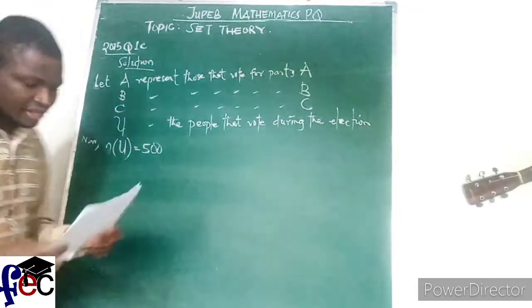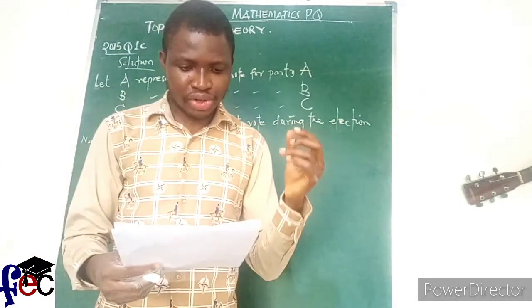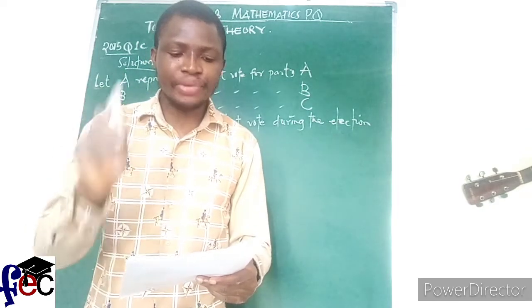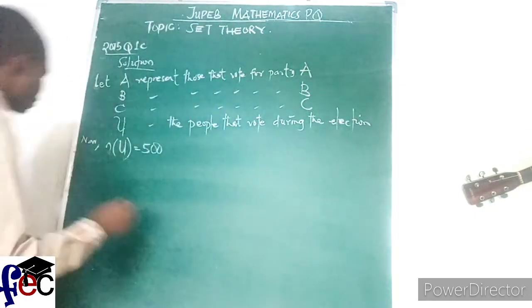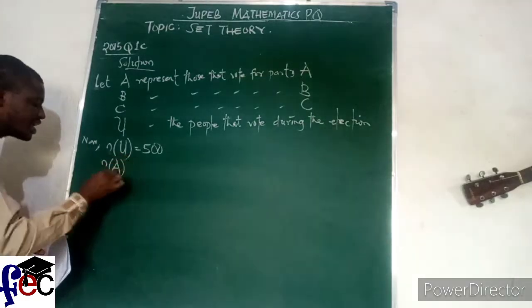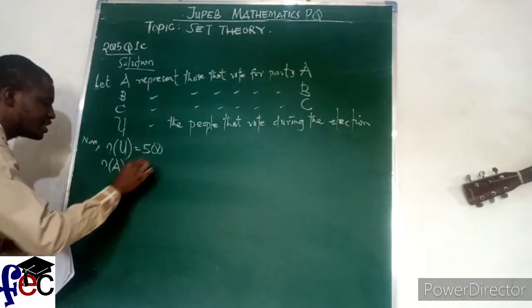Alright, after that, we also got from that information that 190 voted for party A. So that means the cardinality of set A is 190.